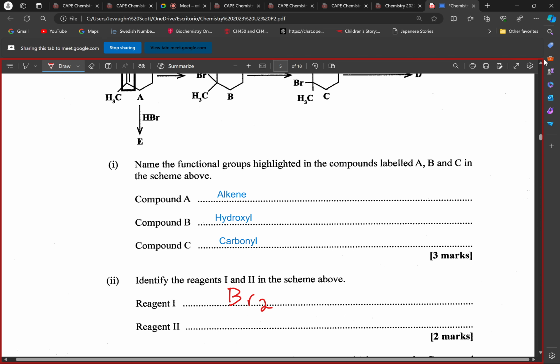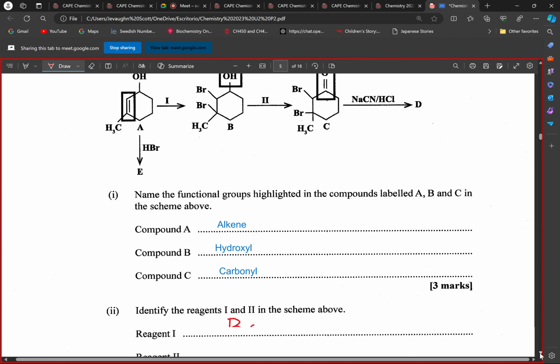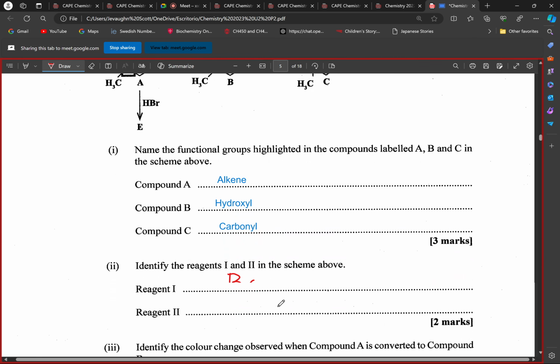What will take B to C? Potassium permanganate. Is it hot and acidified?